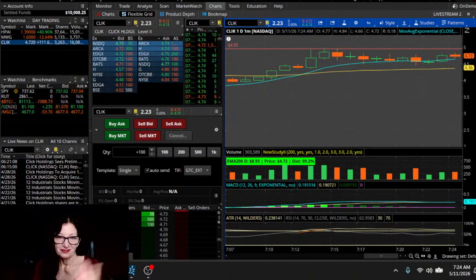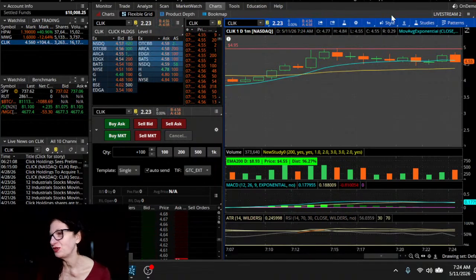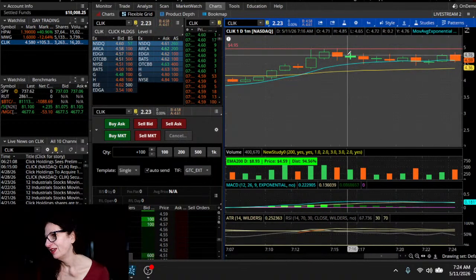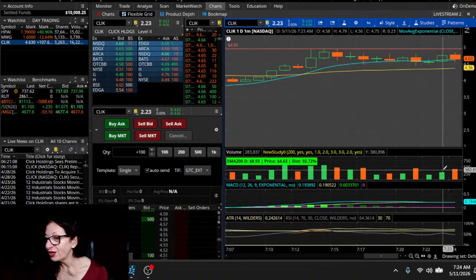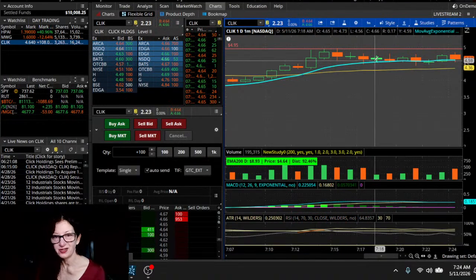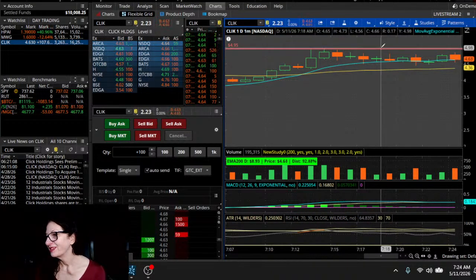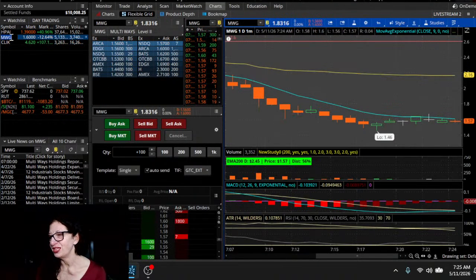This looks too choppy for me. I would want to see something a little bit cleaner with the volume bars and with the price action. It's like red, it's green, it's red, it's green. So I'm still going to watch it, but let's see what happened to MWG.